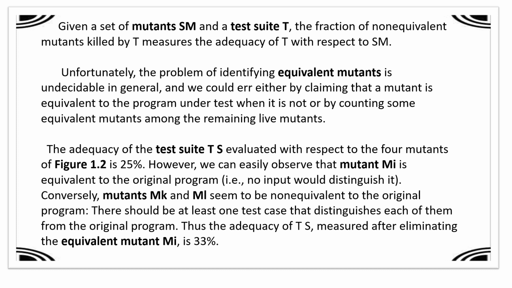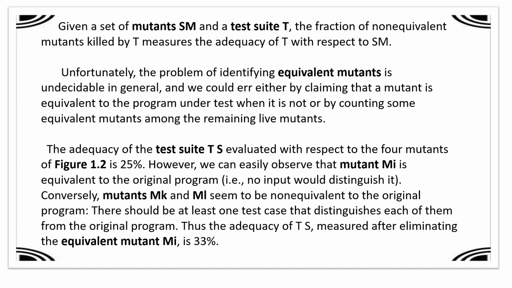Unfortunately, the problem of identifying the equivalent mutants is undecidable in general, and we could err either by claiming that a mutant is equivalent to the program under test when it is not, or by counting some equivalent mutants among the remaining live mutants.